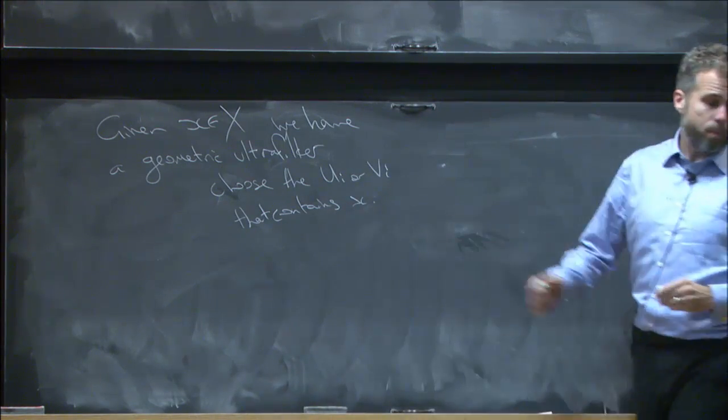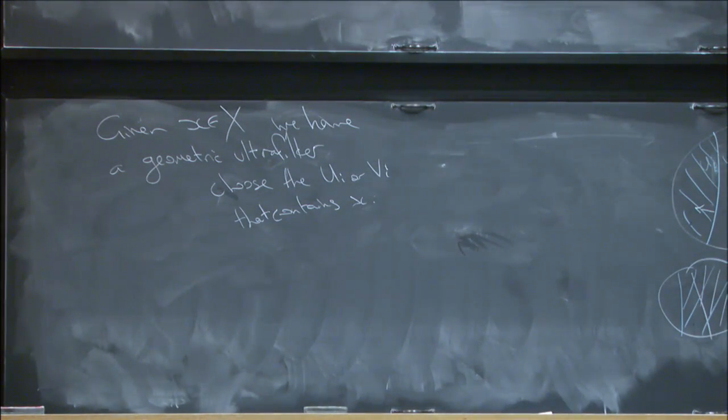And then I just erase the compatibility condition, but you can just check that, I mean, containing x ensures that I definitely have this compatibility condition. So those are the obvious ones that are there.